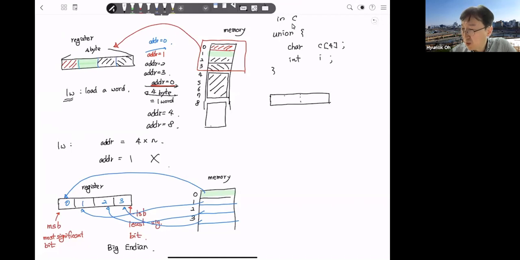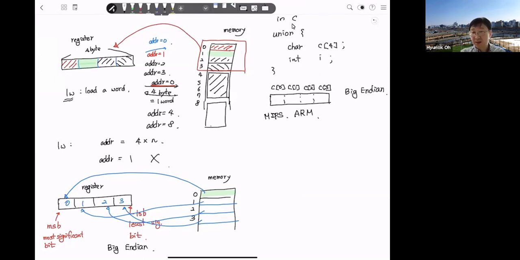So these 4 bytes are sometimes used as characters, or sometimes as an integer. So in the c[4] case, this is c0, c1, c2, c3. So c0 represents the most significant byte, or higher byte. Then this representation is big endian representation. So MIPS is following this big endian approach, and ARM is also following that representation.